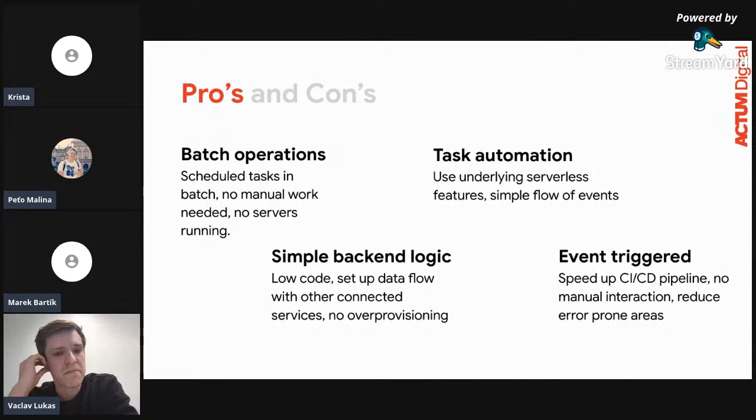Moving on to the simple backend logic. So with serverless, you can easily set up a basic backend logic without writing almost any code. How? Well, I'm glad you asked. Basically, you need to move some piece of information from a customer to a database and then display it in a graph, for example.